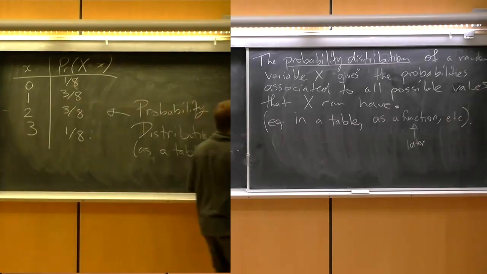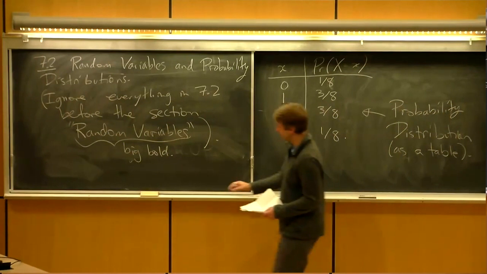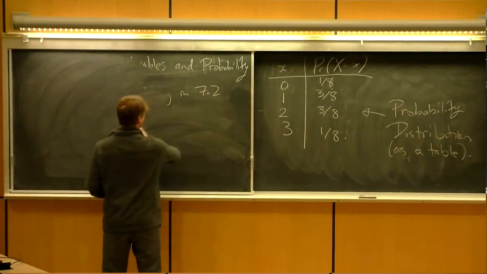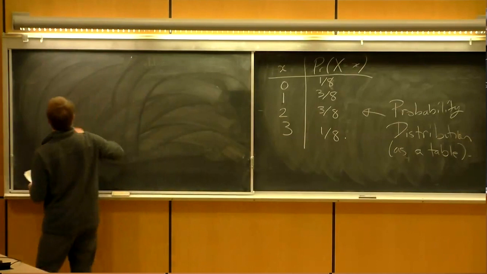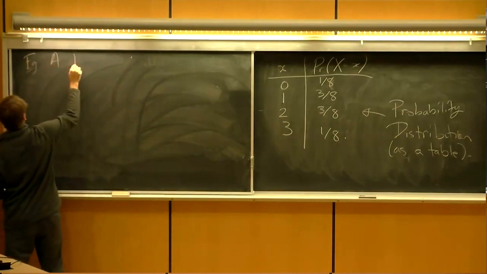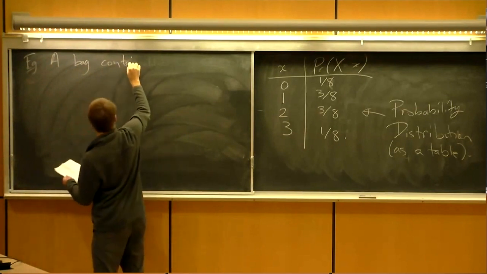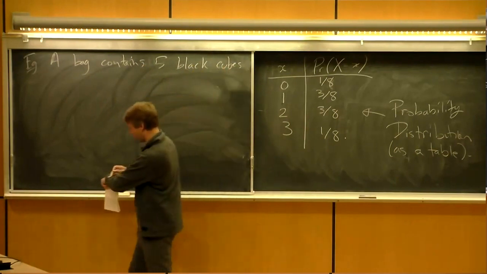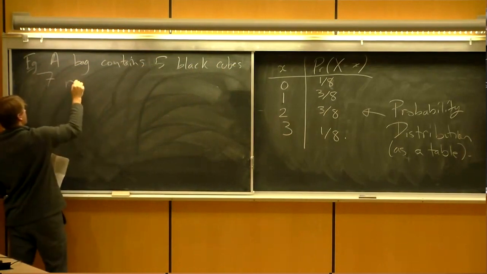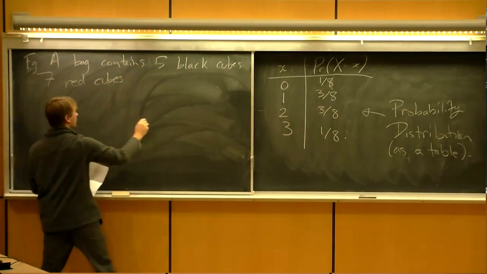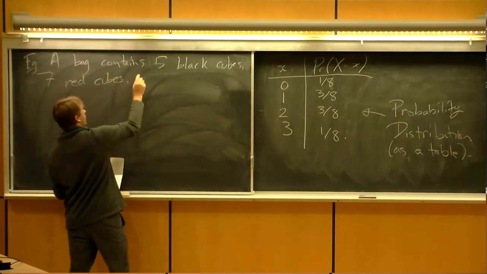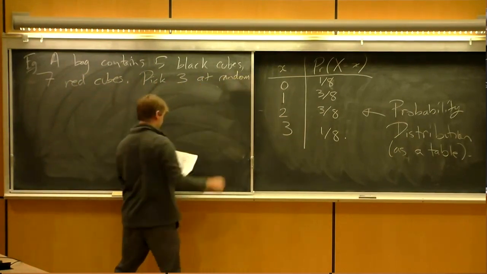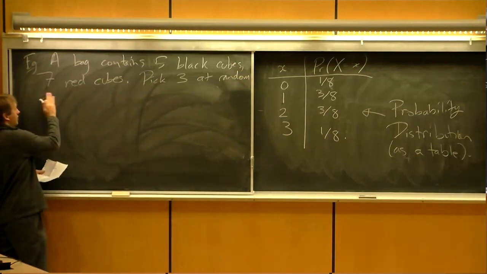All right, so let's do another example. Let's say a bag contains 5 black cubes and 7 red cubes. Pick 3 at random, without replacement.